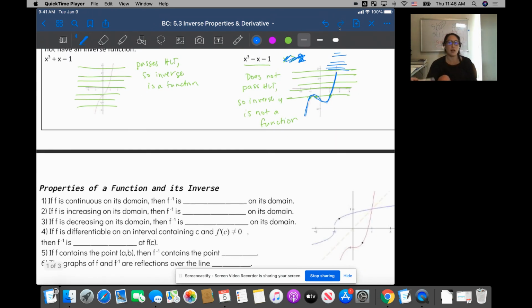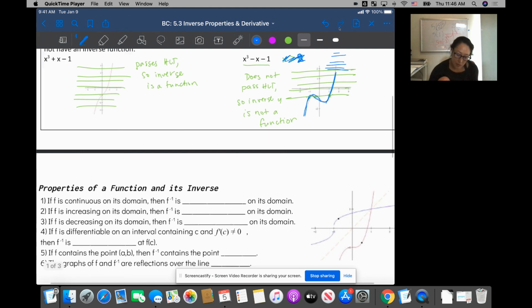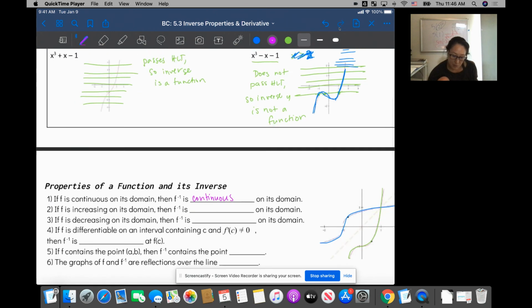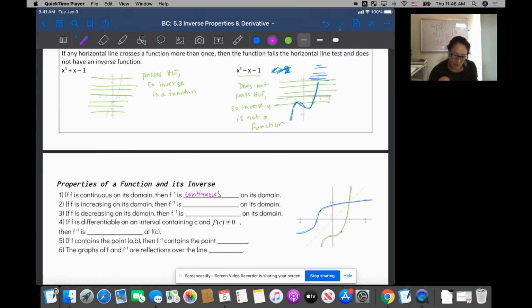Okay, so some features of functions and their inverses are that if f is continuous on the domain, then guess what? F inverse is also continuous. If f is increasing, like this blue f right here, then guess what? F inverse also increases over the entire domain.